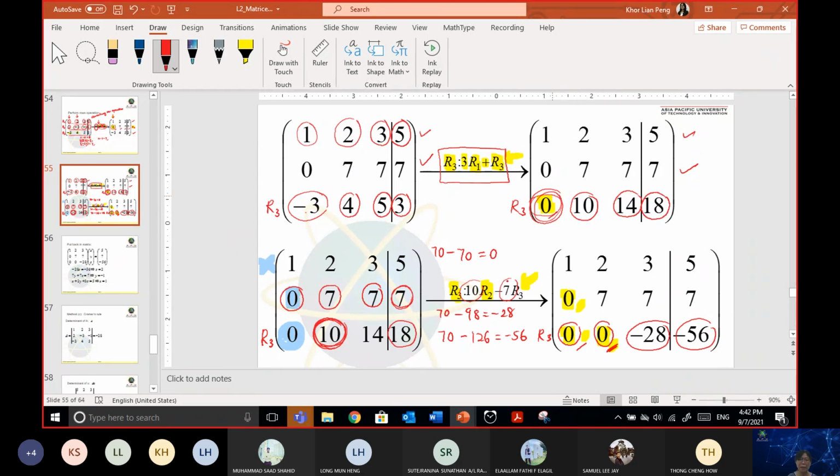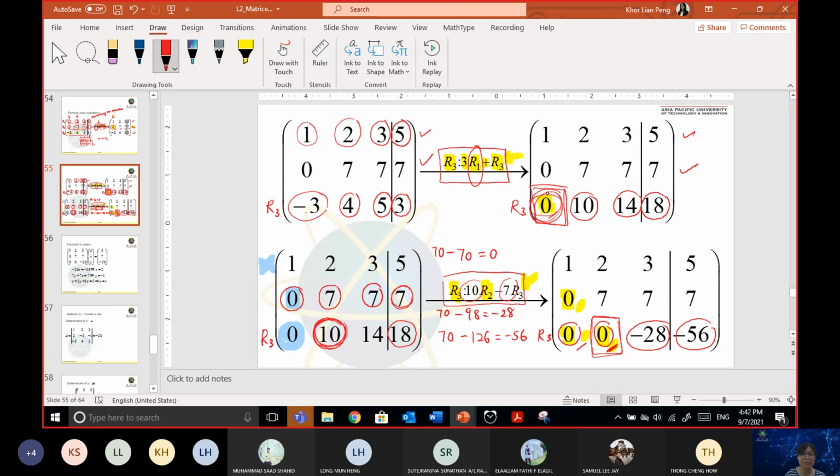But another row operation on R3 is to make this become 0. When you want to make this a 0, you should use R1.